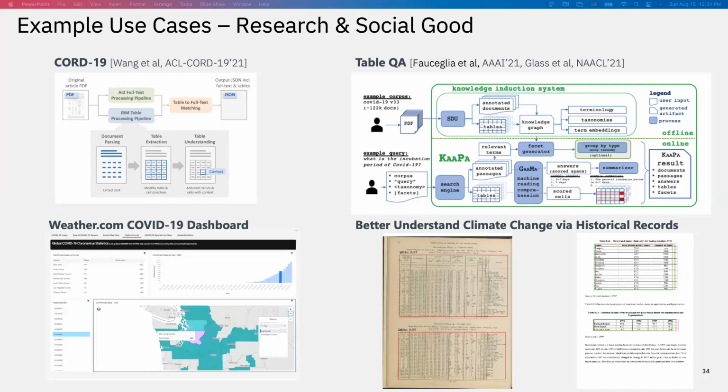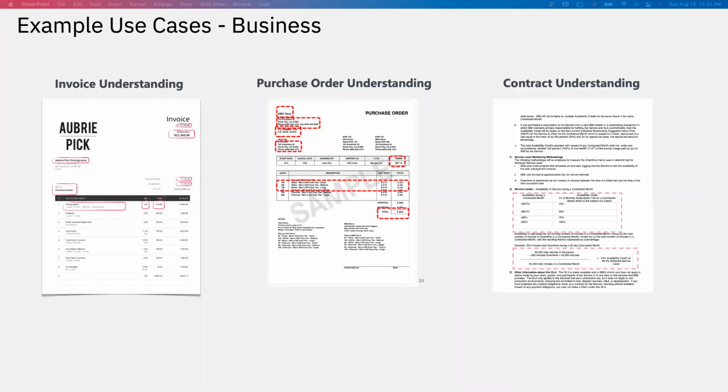So this is a very powerful capability because a lot of the information resides in tables. There are a lot of use cases in business too, like understanding invoices, purchase orders, and contracts. Those are all capabilities powered by what I just described earlier.